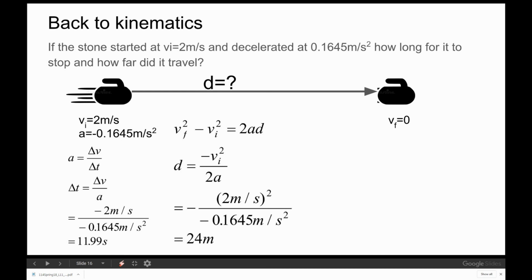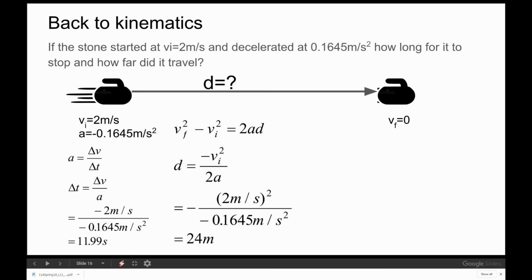Are these numbers realistic? In this problem, I did not invent the speed of the curling stone or the coefficient of friction. I looked up the coefficient of friction and I looked up the average speed of a curling stone on release. If you have watched curling, does 12 seconds for the curling stone to stop seem reasonable?